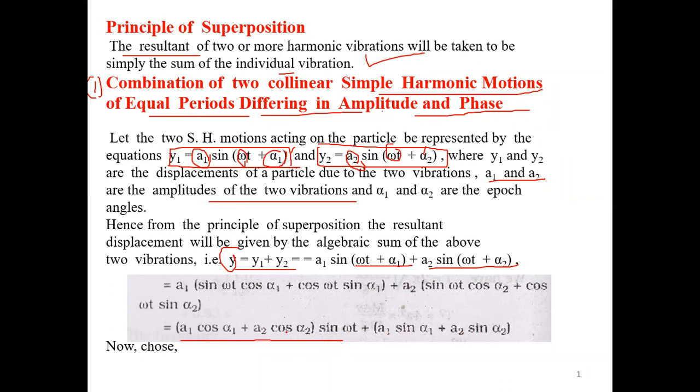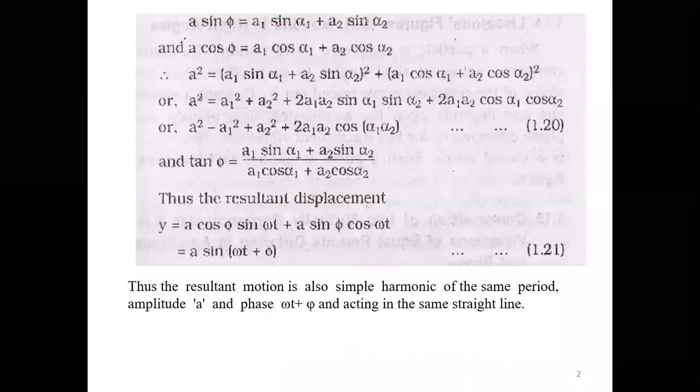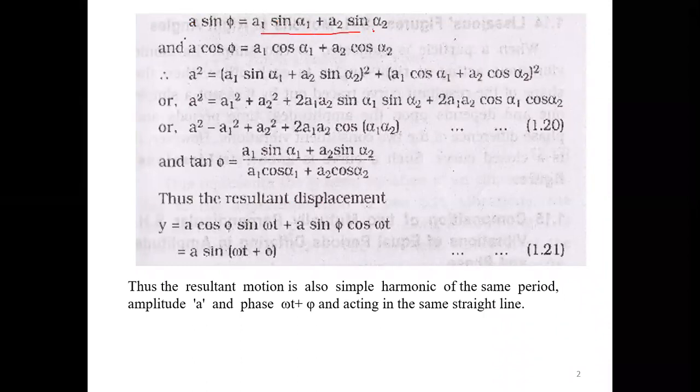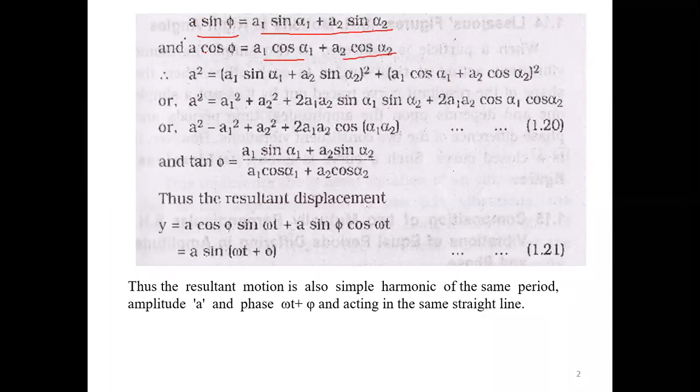Now we will choose a1 sine alpha 1 plus a2 sine alpha 2 as A sine phi, and a1 cos alpha 1 plus a2 cos alpha 2 as A cos phi.